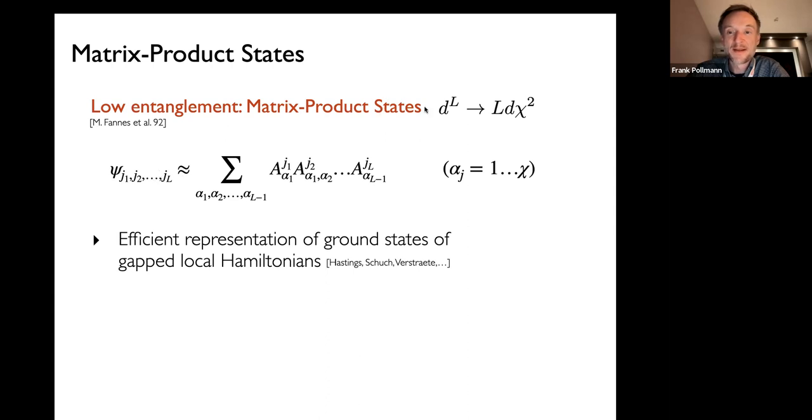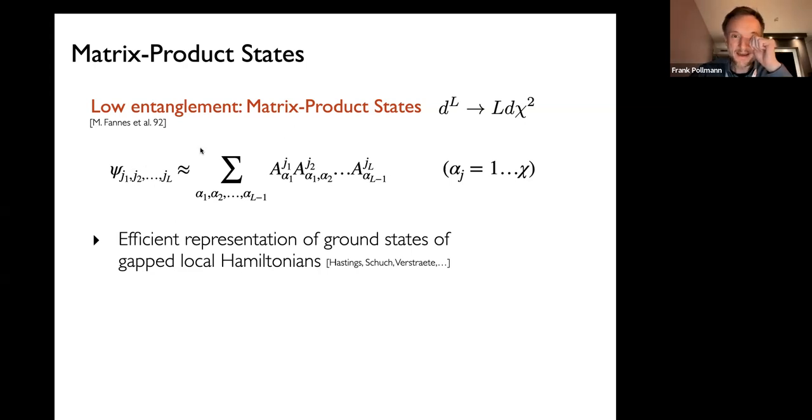Mathematically, it's a tensor of order L, and this order L tensor has an exponential number of parameters in it. Here d is the local Hilbert space dimension, which for a qubit system would be 2, and we get d to the L complex numbers.